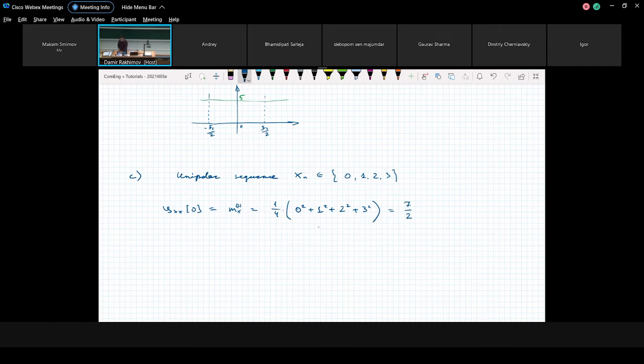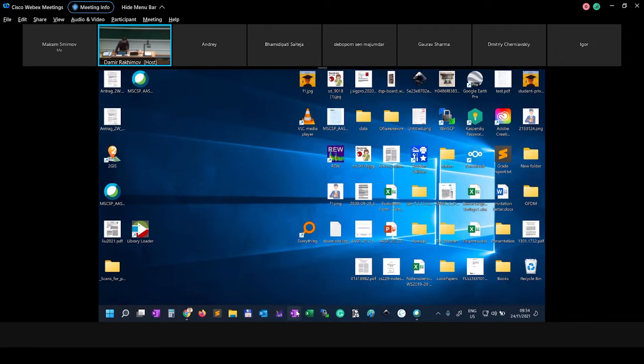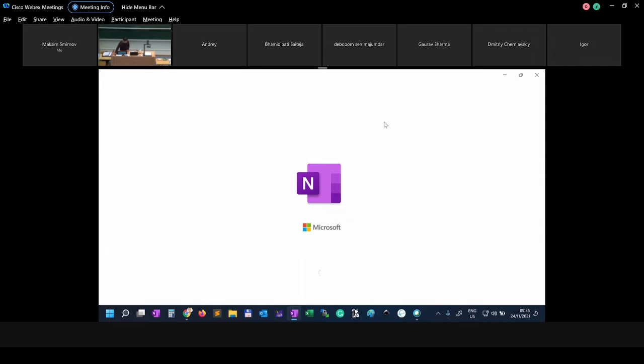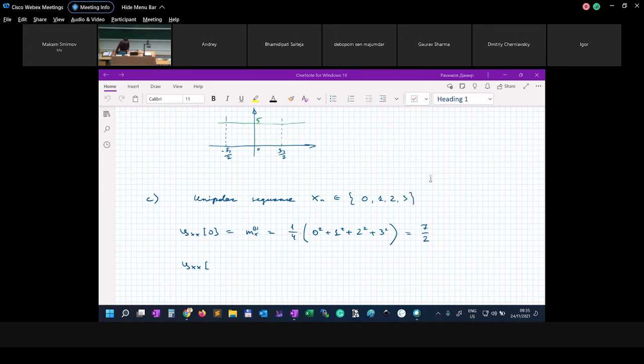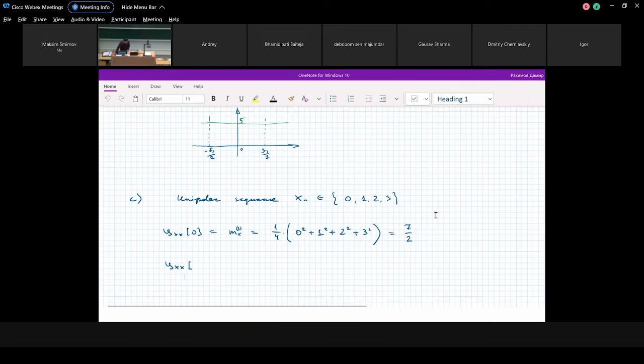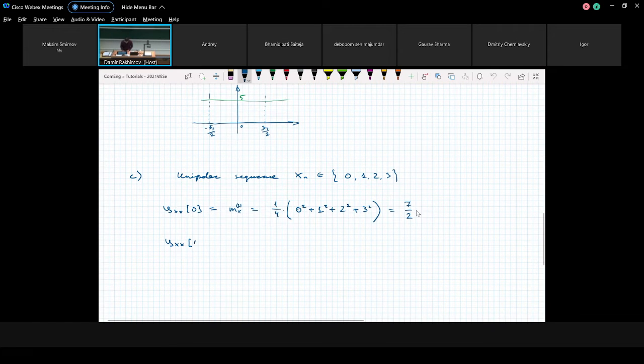Then we just continue and we need to find the autocorrelation for L. All the same, instead of the second moment, we need to calculate the square of the first moment.